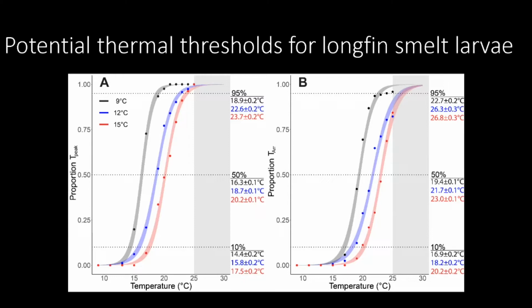But it has a really big implication, because if you were to use a threshold assuming these embryos are reared at 12 degrees Celsius, and these embryos were actually incubated at 9 degrees out in the estuary, you're really going to increase the proportion of individuals experiencing thermal stress, whether that's the sublethal or lethal limit that you decide to choose.